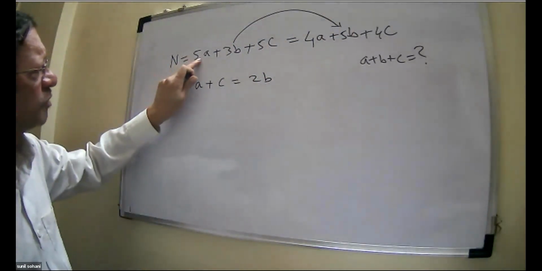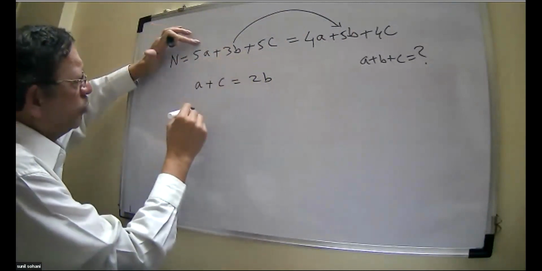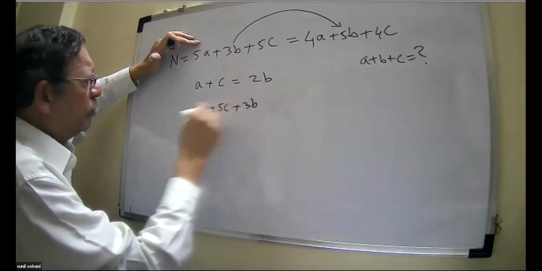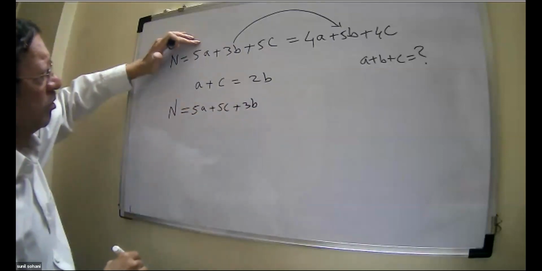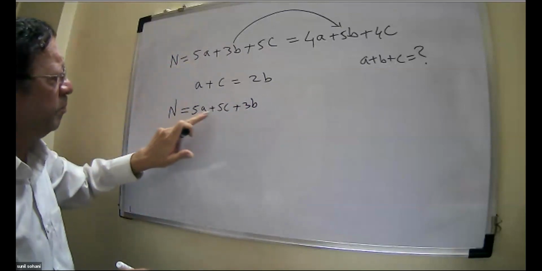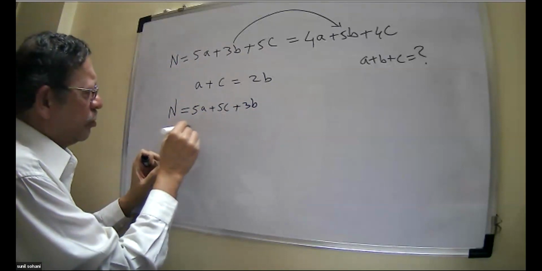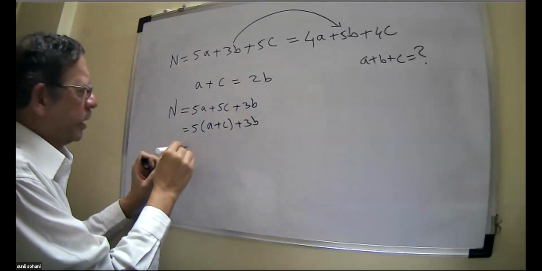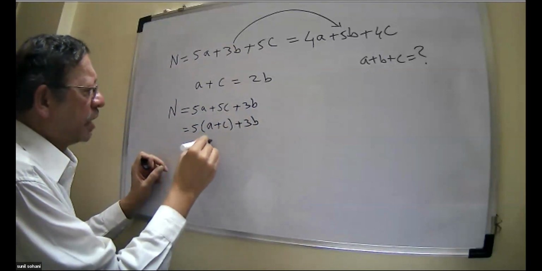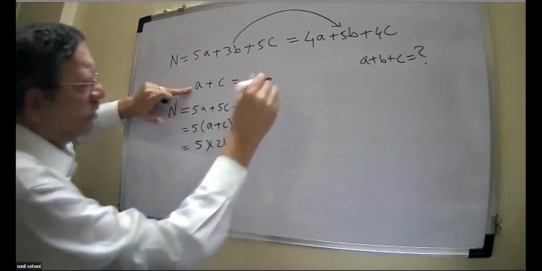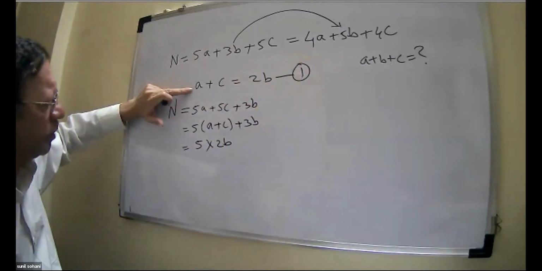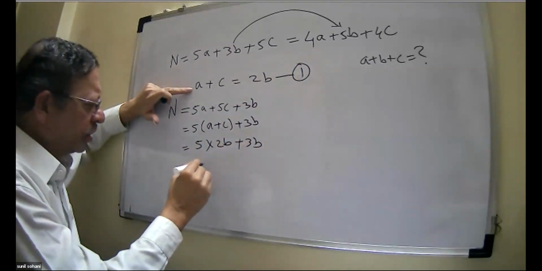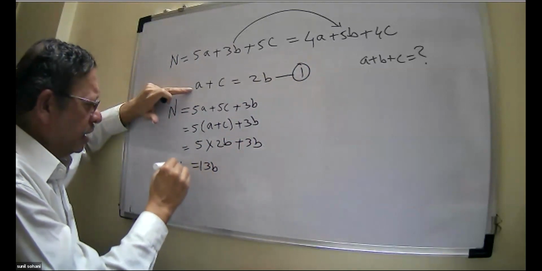Now if I modify this first expression as 5a plus 5c, bringing them together, 5a plus 5c plus 3b is equal to n, is the first equation. So I get 5 bracket a plus c plus 3b. And I can replace a plus c as 2b from here. So this is 10b plus 3b, 13b is n.